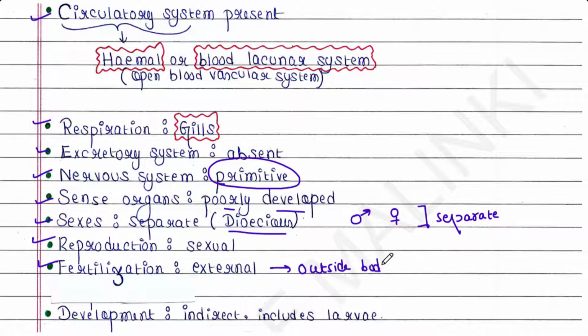That means it is external fertilization. Development is indirect. So when we call something indirect development, that means it is including larvae in their life cycle. So they have indirect development.